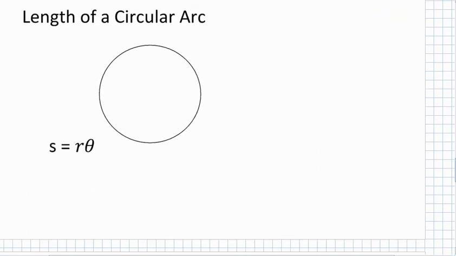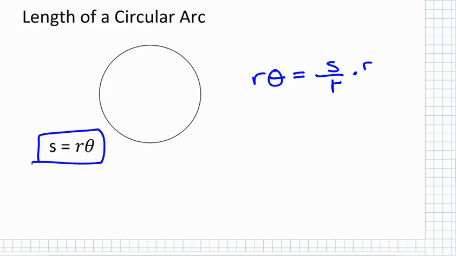The next thing we're going to talk about is finding the length of a circular arc. Now, a length of a circular arc is defined because remember, in radians, our angle was the arc length over the radius, correct? Well, now to find S, we just multiply by the radius, and that's where you get your equation that the arc length is equal to the radius times the angle.